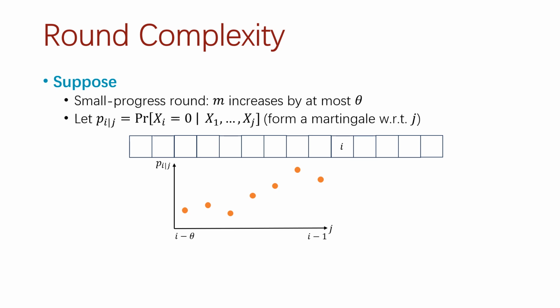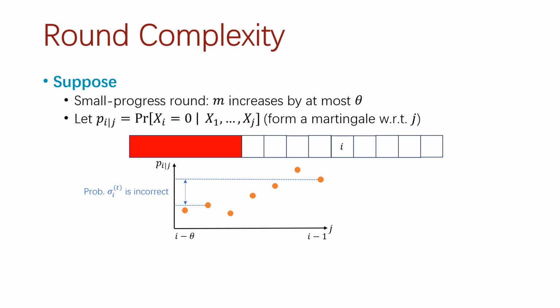Suppose here we fix the randomness for the first i minus 1 variables in a round where we generate new samples conditioning on the first m variables. The probability that the i-th sample sigma t is incorrect is bounded by the difference between pi given i minus 1 and pi given n.